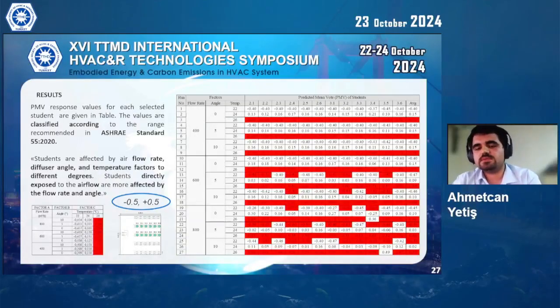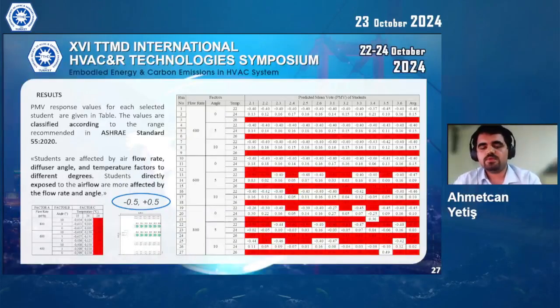Compared to the previous table, which is also shown in the figure as a small reminder, some interesting differences can be seen. Even though the mean PMV value of all students is within recommended levels, in simulations with 22 degrees, especially at higher flow rates and diffuser angles, some of the selected students' thermal perception is calculated as slightly cool.